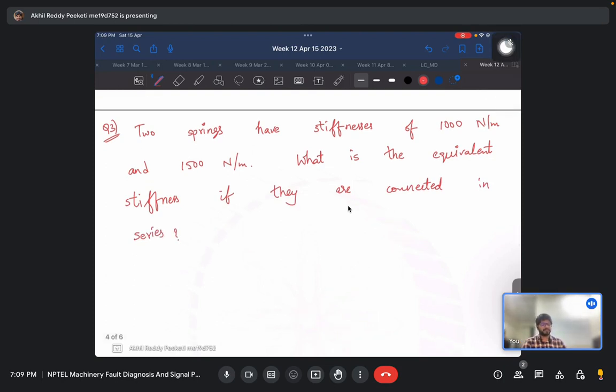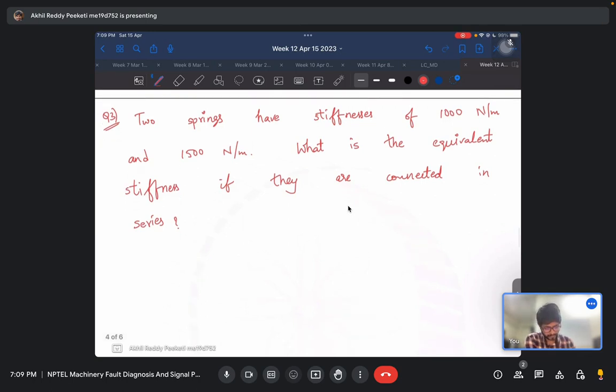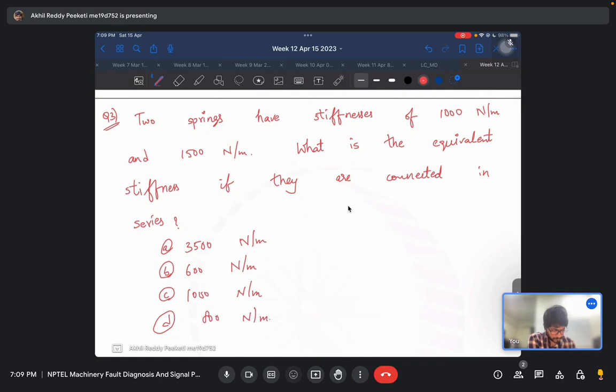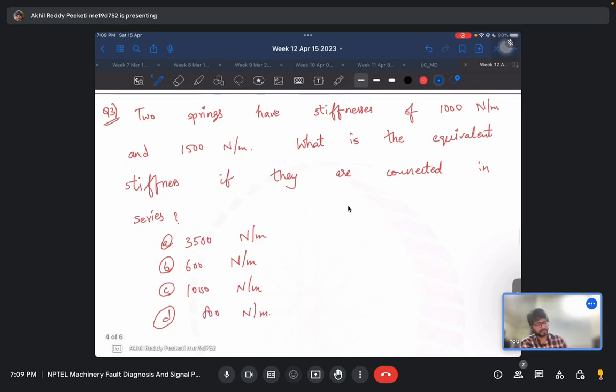Two springs have stiffnesses of 1000 Newton per meter and 1500 Newton per meter. What is the equivalent stiffness if they are connected in series? So what should be the answer? Here the springs are in series and each individual spring stiffness is given.